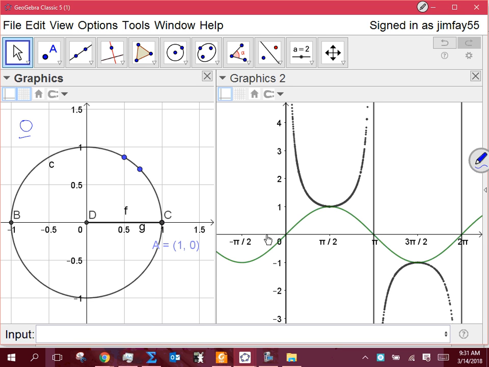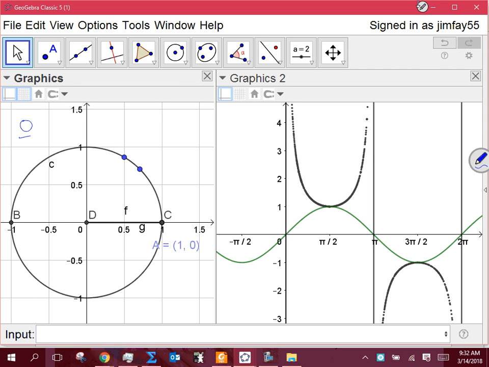Those are undefined values. Is that okay with everybody? Just to save time, I'm not going to do the secant, but the secant would be the same process, starting with the cosine. You good with that? Okay.